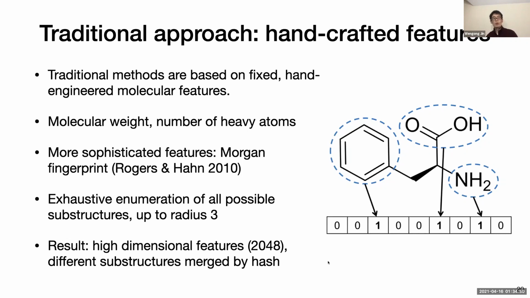In the case of the Morgan fingerprint, the typical dimension is around 2048, and different substructures have to be merged by a hash function, because without it you would get a vector of more than 1 million entries. So this gives you a representation that is somewhat funny, because each entry represents different types of substructures.